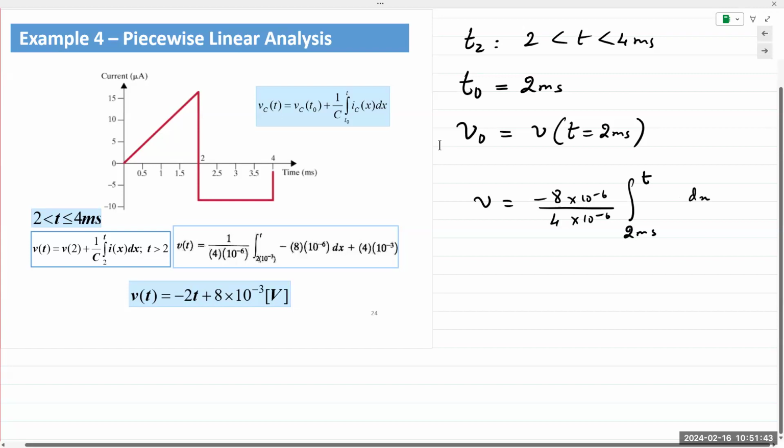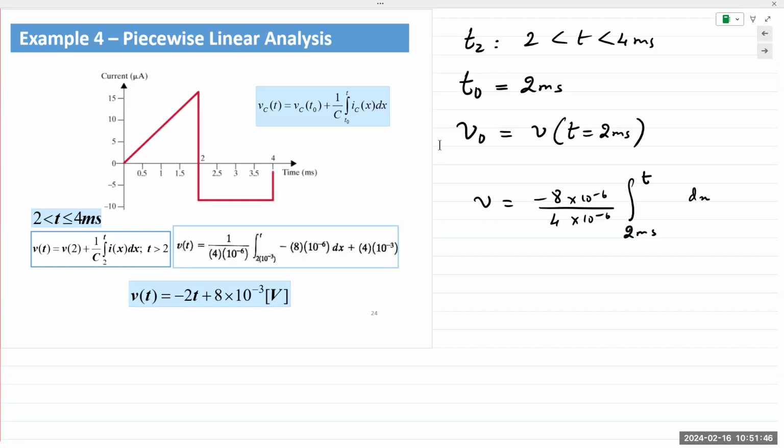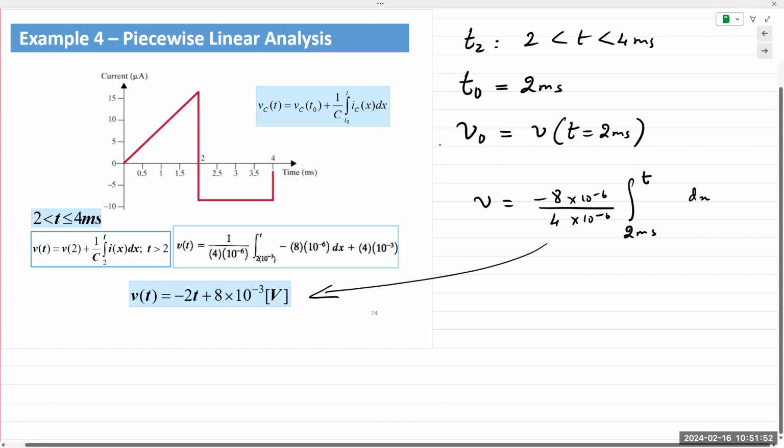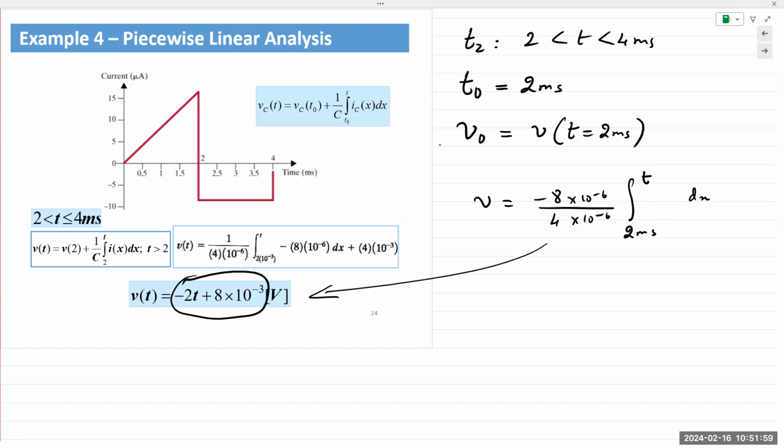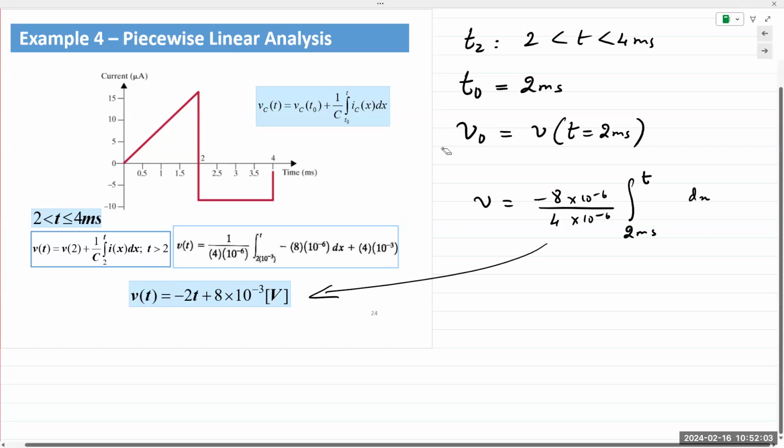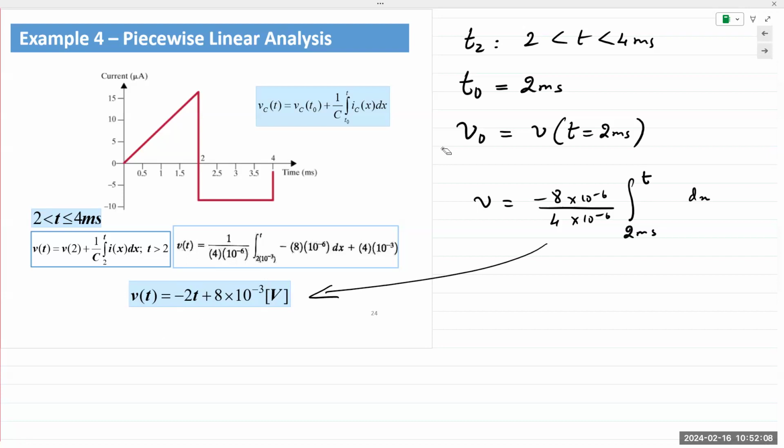So you simply get x. You plug in the values and you would obtain this expression. Minus 2t plus 8 into 10 raised to minus 3. It's rather straightforward as far as integration and differentiation go.